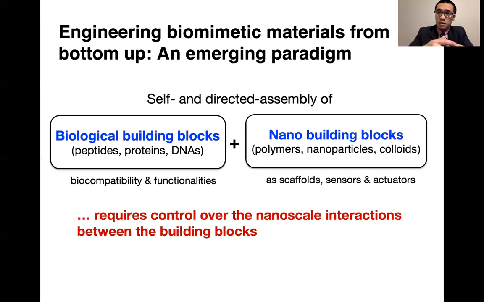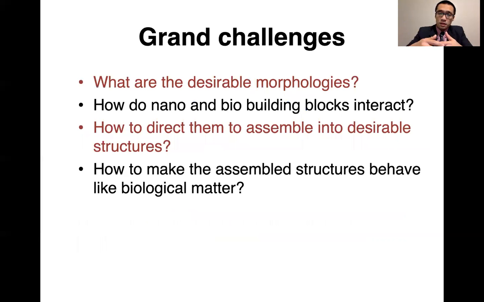And the key here is our ability to understand and control the interactions between very different building blocks at the nanoscale, and how to organize them in large numbers into the structures of the device with the given task.